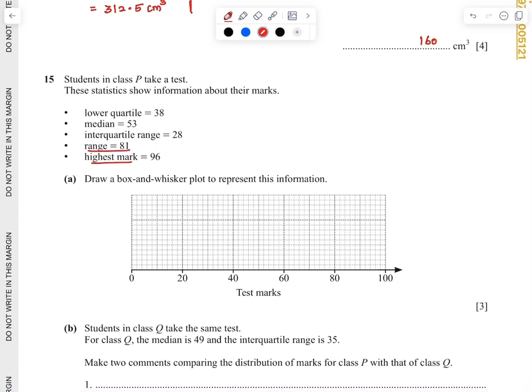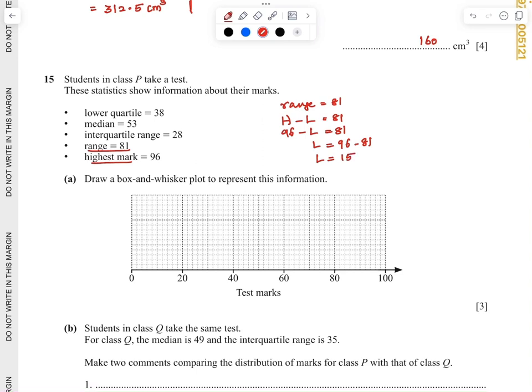Range will help me to get that. Range is equal to 81. Range is H minus L, that is highest minus lowest is equal to 81. Highest is 96. So L will be 96 minus 81, that is 15.